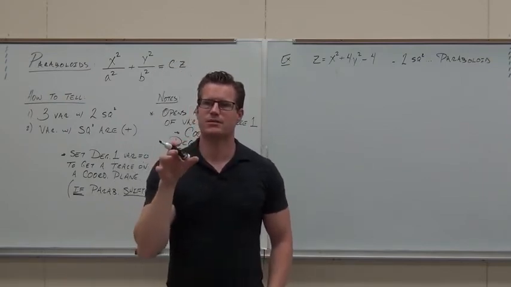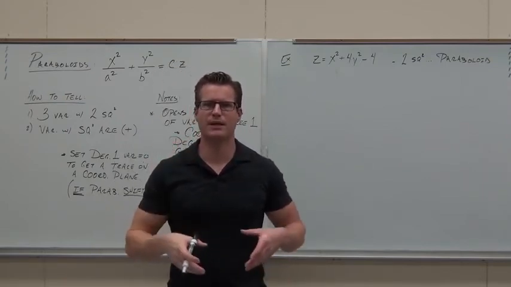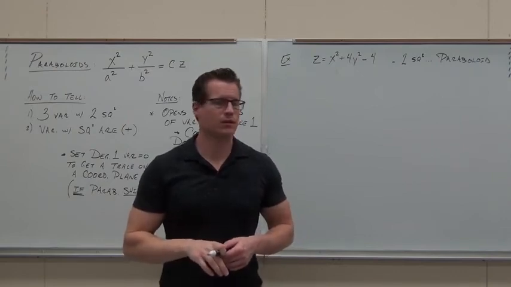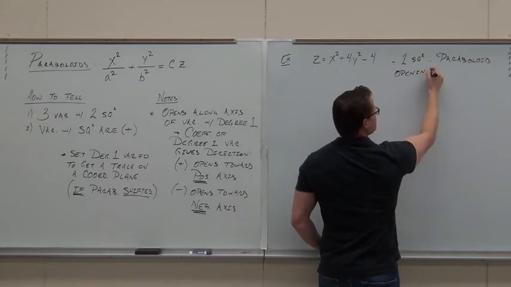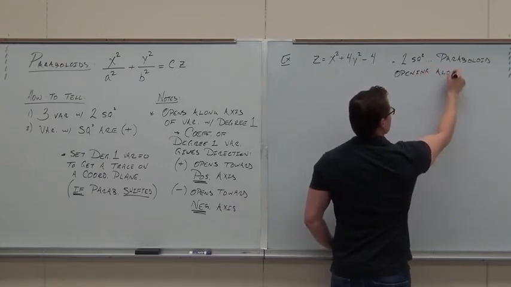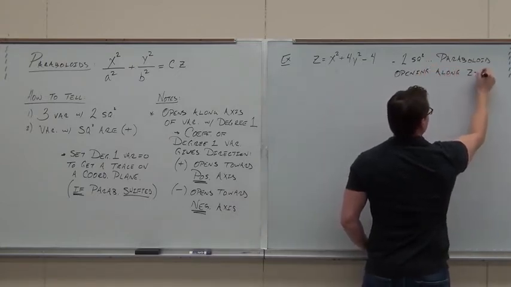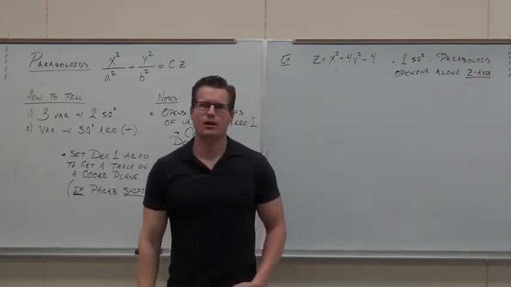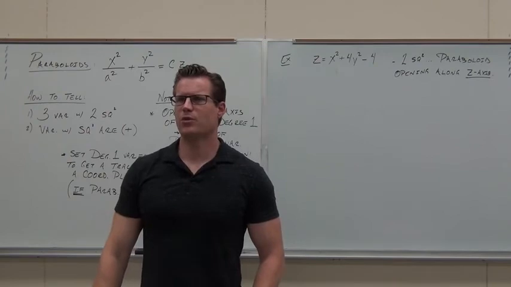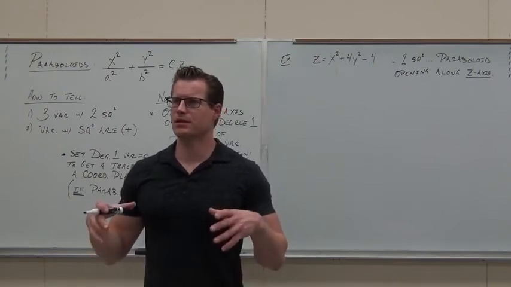Let me ask you a question. What axis will this paraboloid be opening along? What do you think? How can you tell? It's not squared. Now, how about this one? Will this be opening towards the positive z or the negative z?